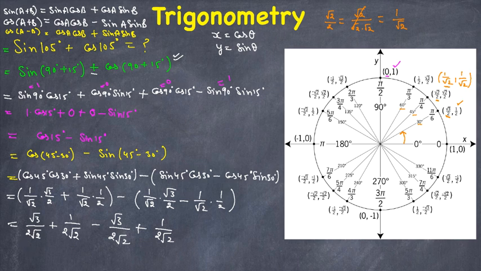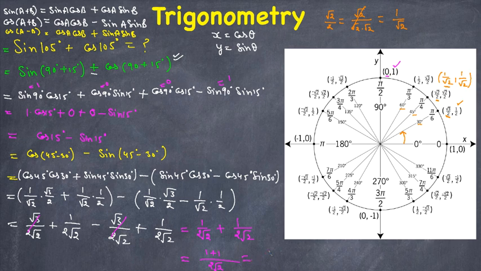So you see, this is positive square root of 3 over 2 square root of 2, and this is negative. So they'll cancel each other out. And we're left with 1 over 2 square root of 2 plus 1 over 2 square root of 2. So the common denominator is 2 square root of 2 and 1 plus 1 on the top.